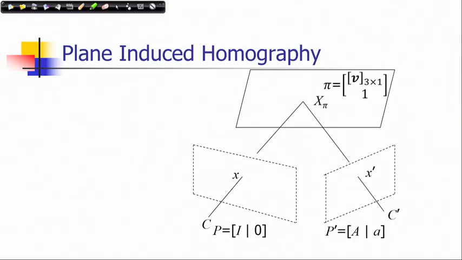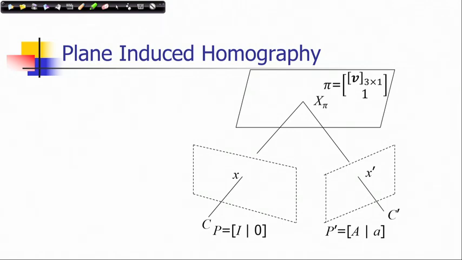Now, we will be discussing a very important property, an important feature of a stereo system, and you can show how projective transformations even among the image points exist in a stereo geometry.